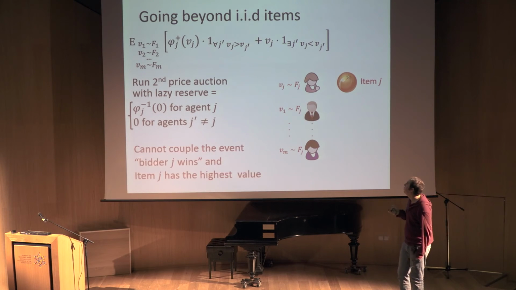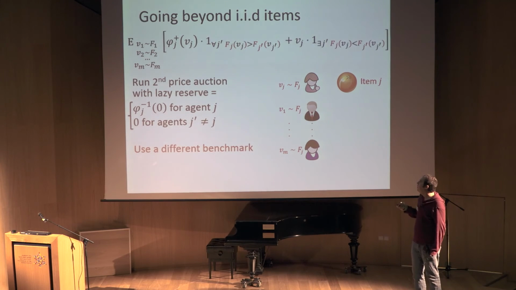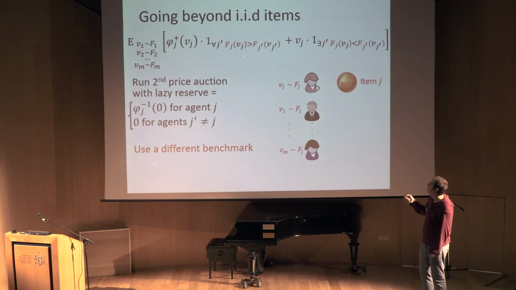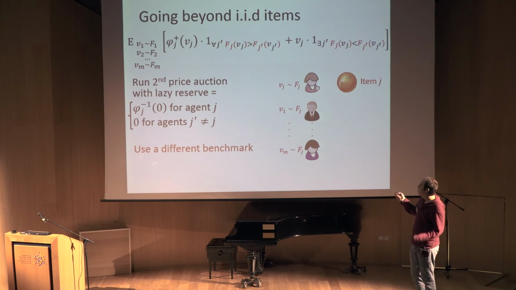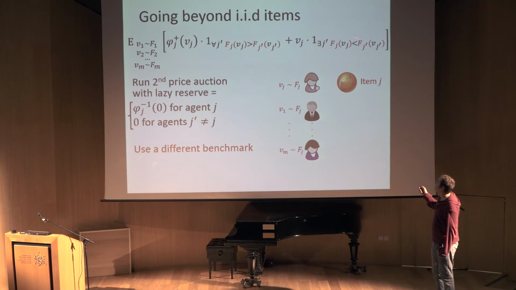framework to prove a different benchmark, which instead of taking the virtual value when the value is the highest, we take the virtual value when the value is the rarest, the highest quantile. So we take the virtual value of the rarest item and the value of all other items.